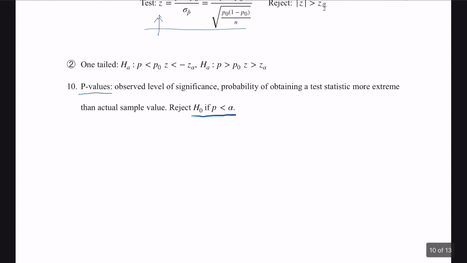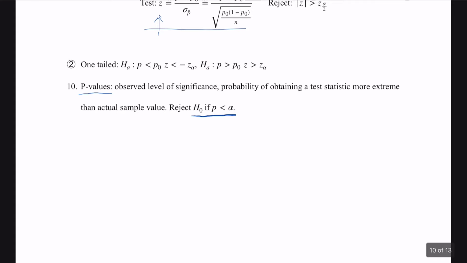You will reject the null hypothesis if p is smaller than alpha. If you could remember, what is alpha? Alpha is your chosen level of confidence.